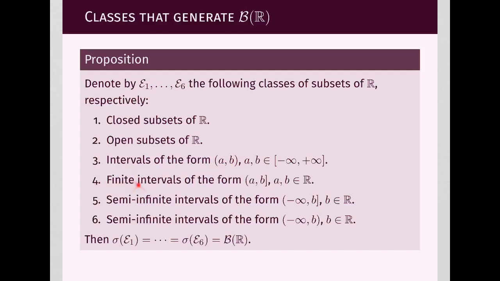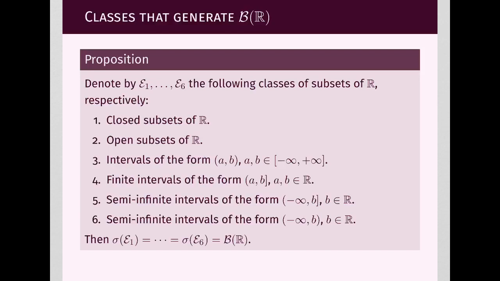Or the family of finite intervals, so A and B are both finite numbers, of the form (A, B], so intervals that start at A, end at B, and are open on the left and closed on the right.